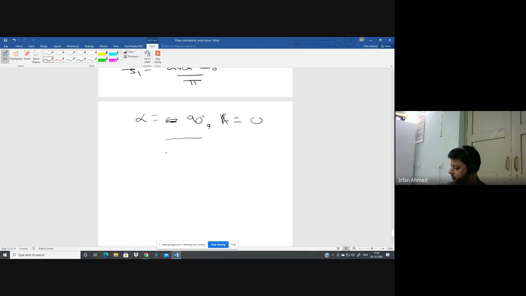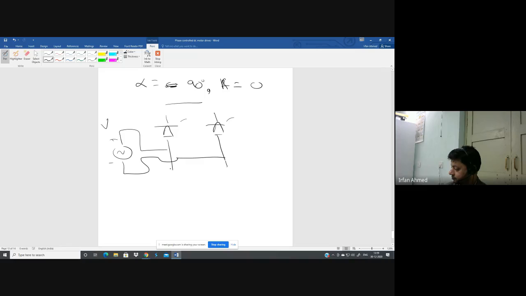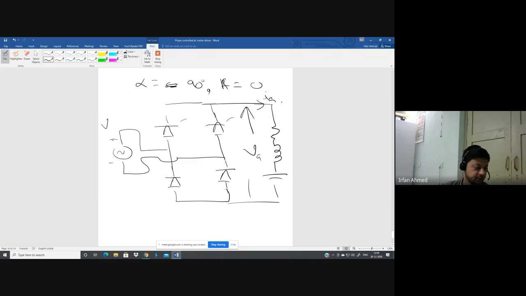One method of improving the power factor is to go for a semi-converter, or half controlled converter.